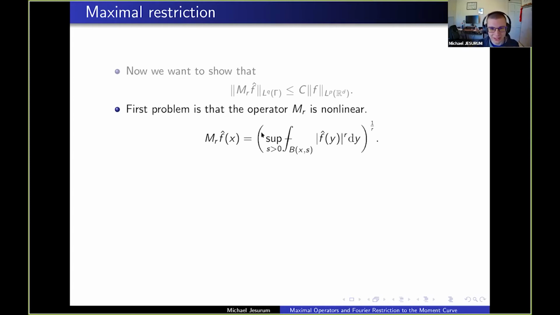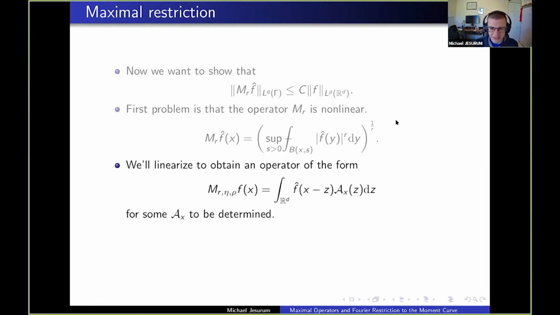So we have to linearize this operator. And there are two nonlinearities that I'm seeing here. There's the supremum over S, and there is this power of R and this power of 1 over R. Both of the R's can actually be taken care of by a similar thing. And what we're going to do is obtain an operator that looks more like something linear. So MR eta rho, lots of subscripts here, is going to look like the integral of F hat, essentially F hat convolved with some AX.